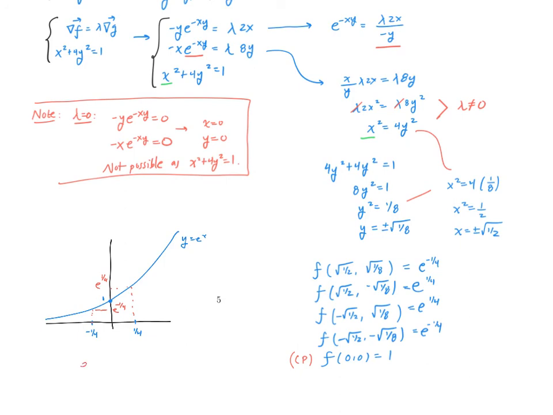So this graph is showing us that e to the minus 1/4 is less than e to the 0, which is 1, which is less than e to the 1/4. So we have our minimum value associated with e to the minus 1/4 and our maximum value associated with e to the positive 1/4. And I'll circle those corresponding outputs as our final answer, which completes this current example.